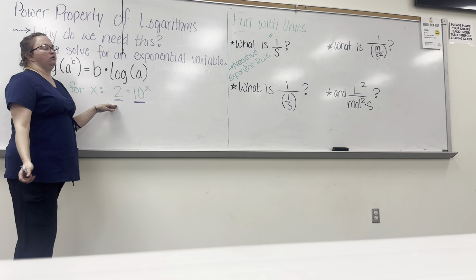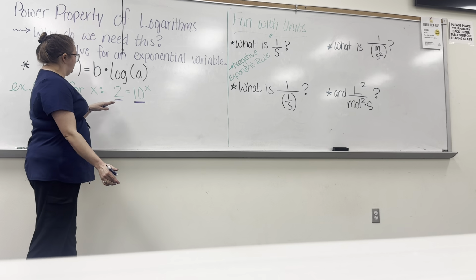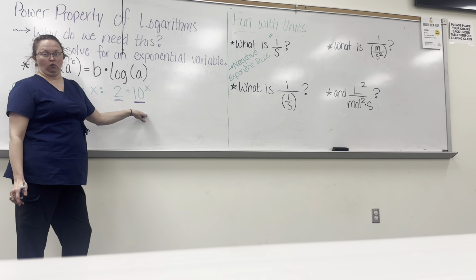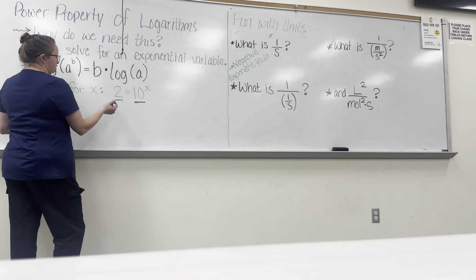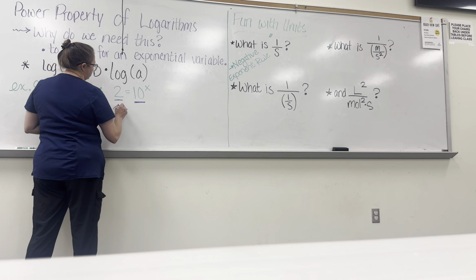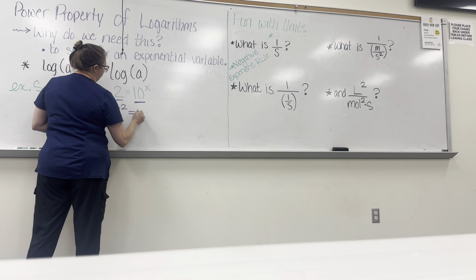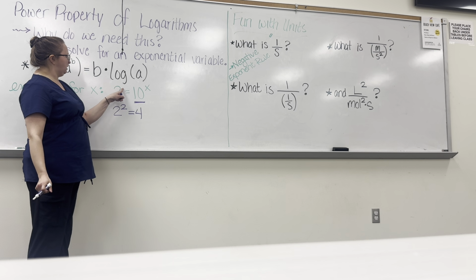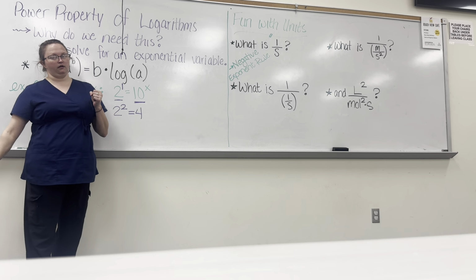So everyone knows that 2 squared, or 2 to the power of 2, equals 4, because 2 times 2 is 4, right? Well, here, there's an understood 1 right there.